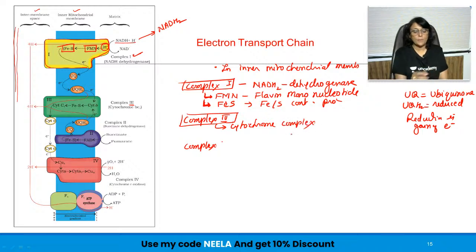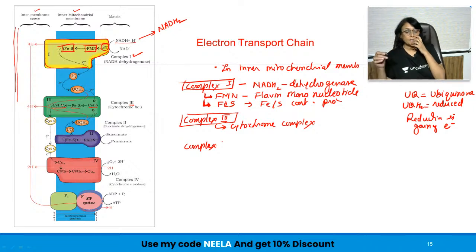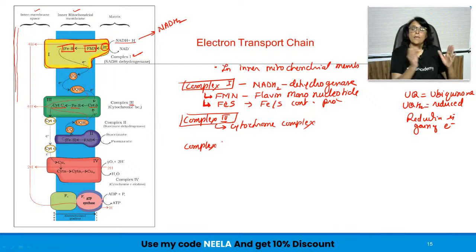In this complex you have cytochrome B, then an iron sulfur containing protein, then cytochrome C1, and that is why we call it the cytochrome complex. The cytochrome complex is made up of various types of cytochromes. Cytochrome is an iron copper containing protein, and depending upon more iron or more copper we have different types of cytochromes.